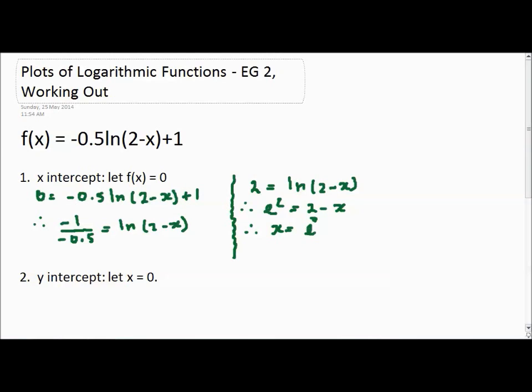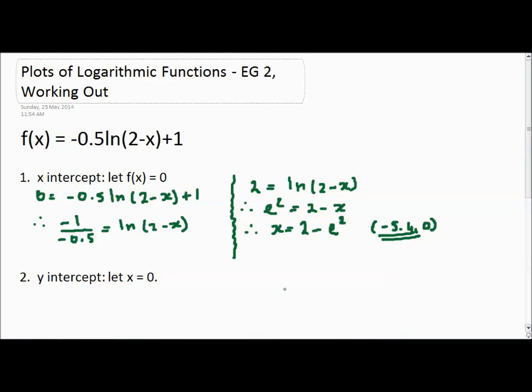Oops, this isn't going too well. Sorry, I should say 2 minus e squared. Now if you want a numeric approximation, you're going to find that it's equal to about -5.4. So let's indicate our x-intercept as -5.4 approximately, of course, comma 0. So that's an important point.